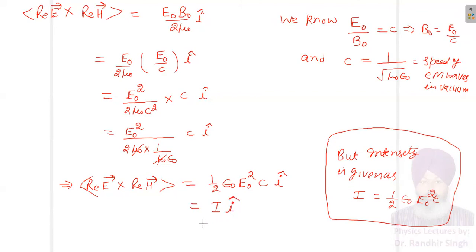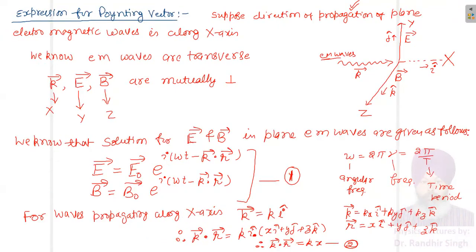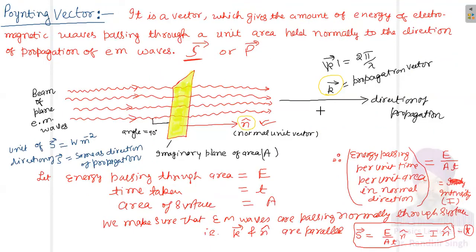But if you see the previous page, rather the first page, you can see here I have shown that the pointing vector is intensity multiplied by n cap.